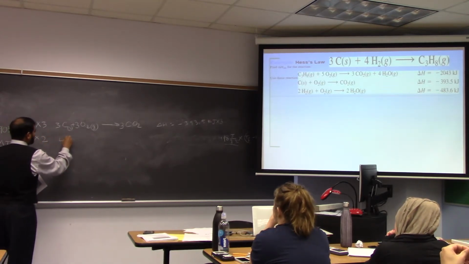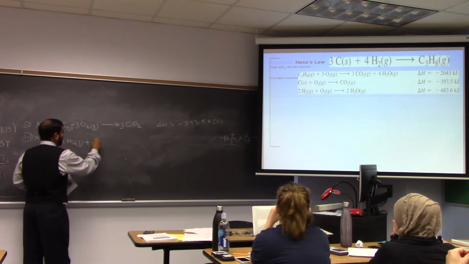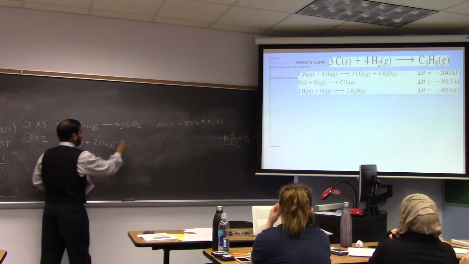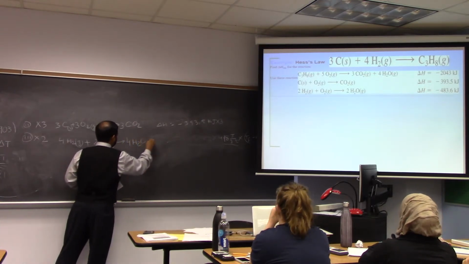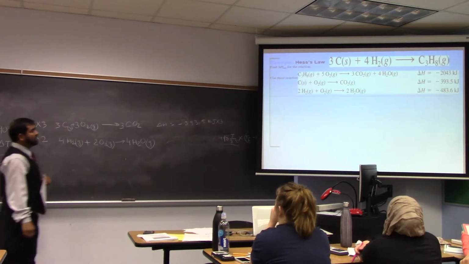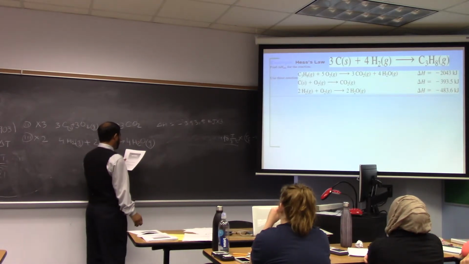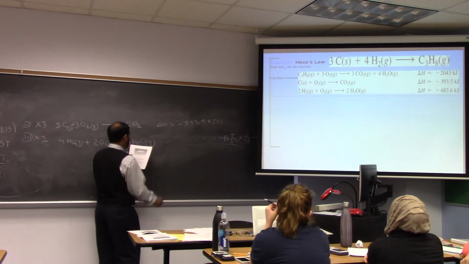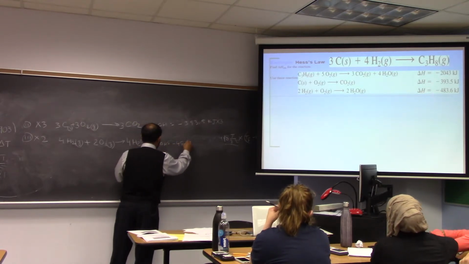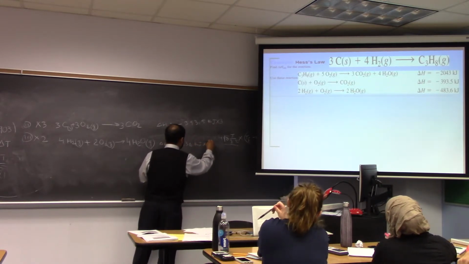Then you get 4 hydrogen gas plus 2 oxygen, also gas, forming 4 water, which is also gas. And then also multiply its enthalpy. What is the enthalpy for the third reaction? The third reaction enthalpy is delta H equal to negative 483.6 kilojoule times 2.